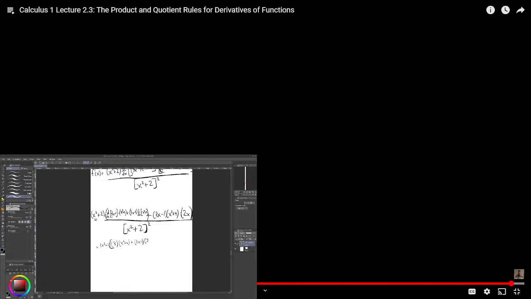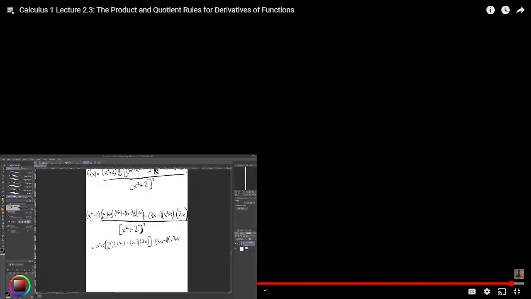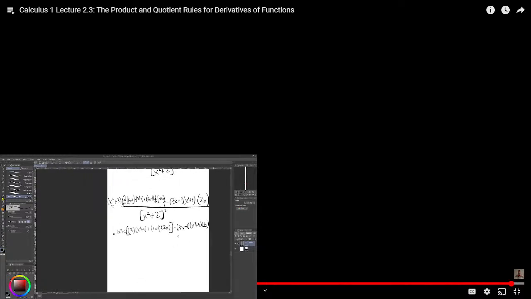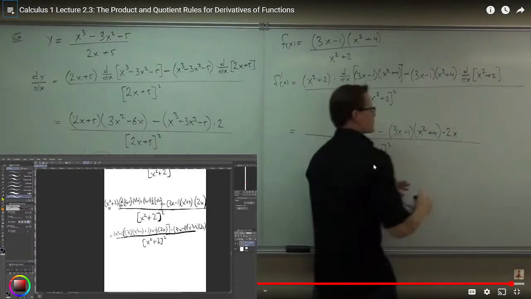Times 2x, minus the rest. Alright, let me make sure he's doing that before I keep going, because this would be a lot to erase if I'm wrong.